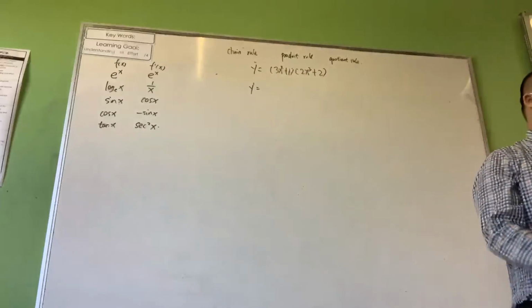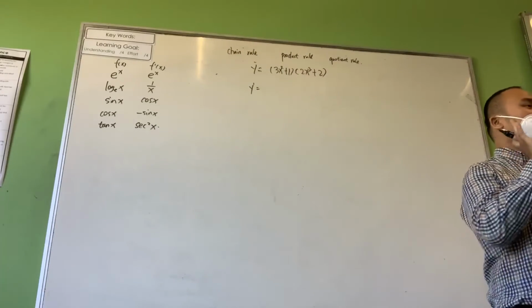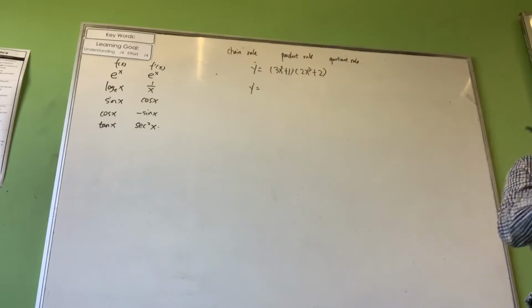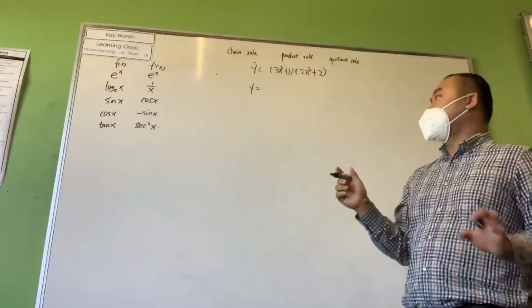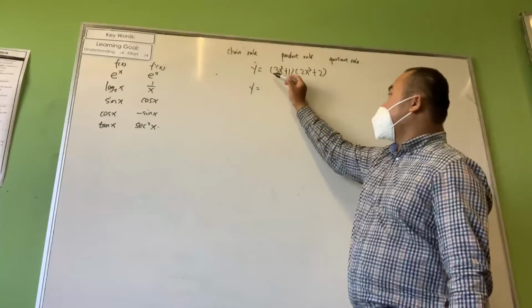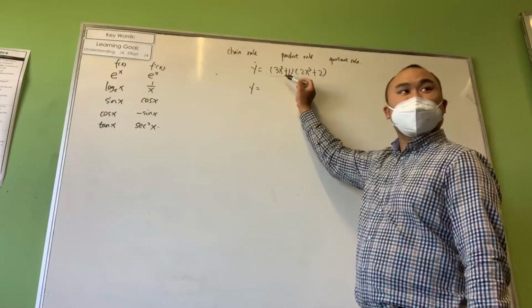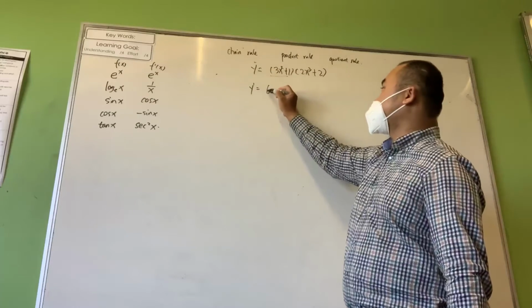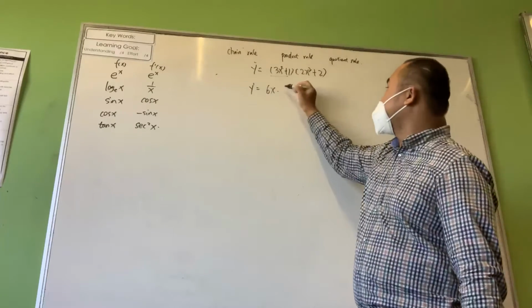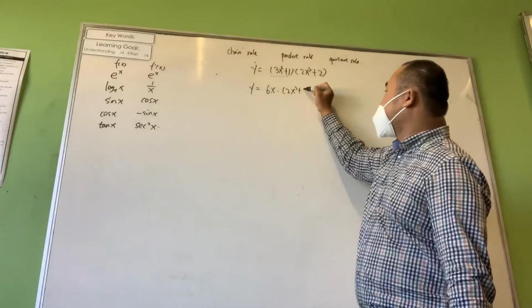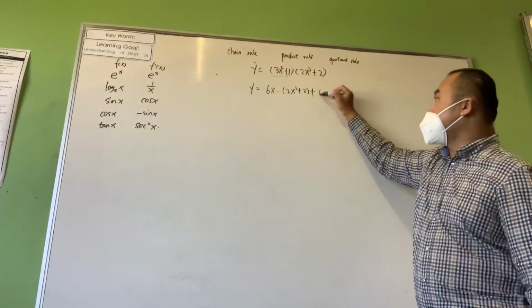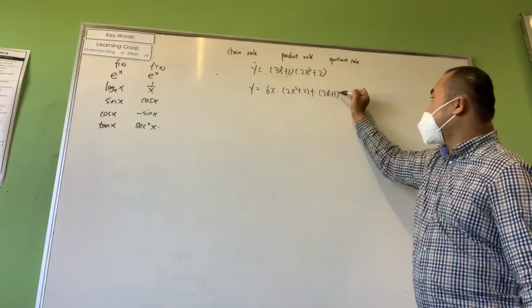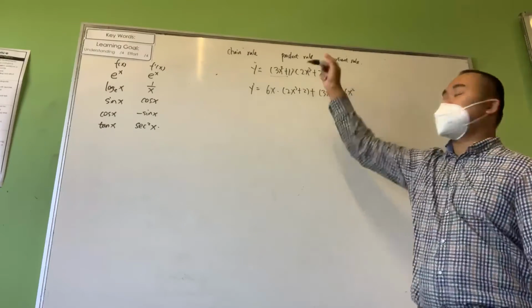All right, so if I want to differentiate this one, you also have a formula for the product rule in methods, but I will tell you how we do it without the formula. Basically, we just differentiate the first one, that would be 6x, right? Times the original of the second one, plus the other way around: the original of the first one times the derivative of the second one.